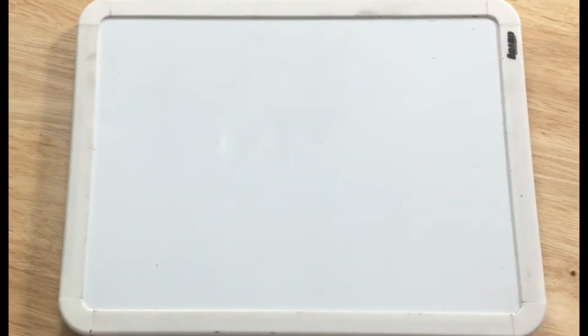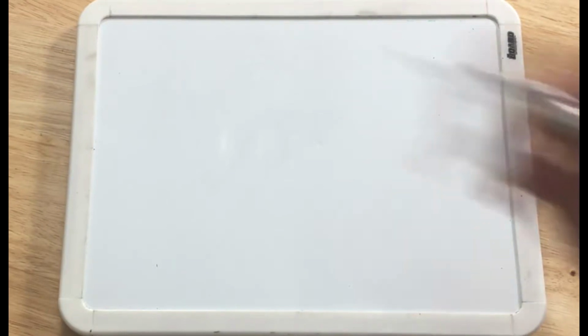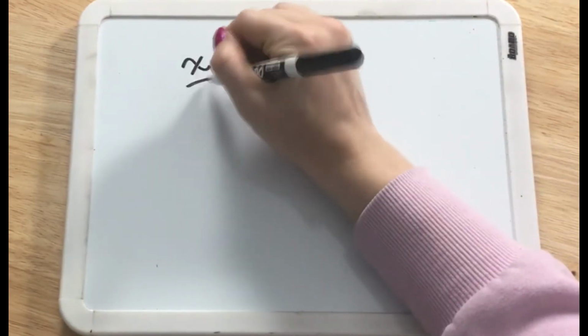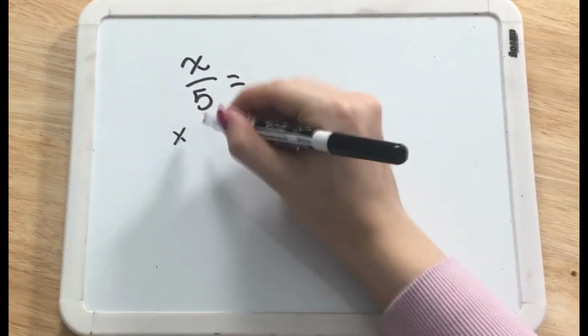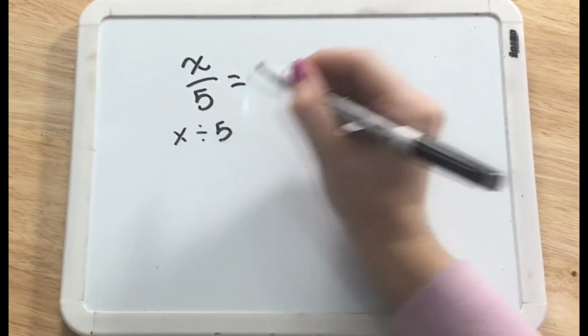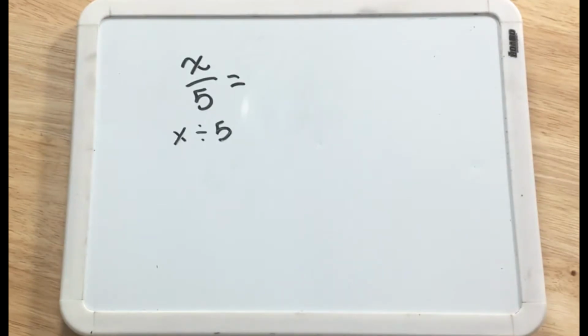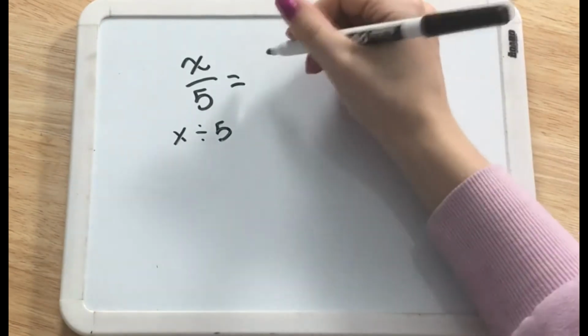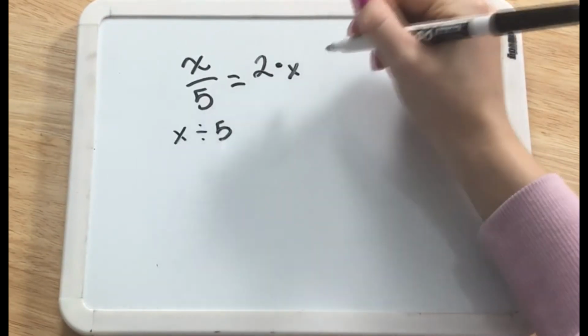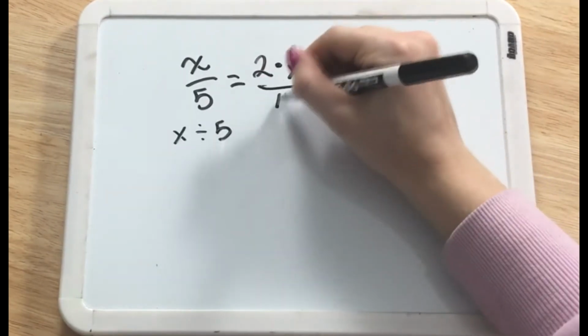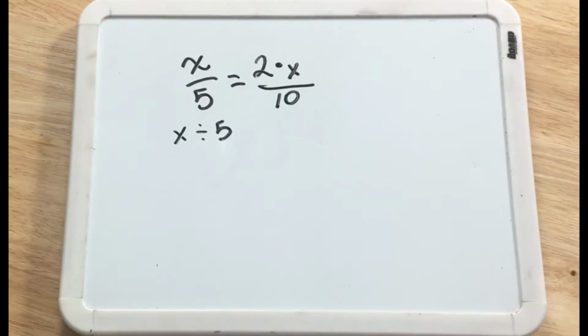The one for dividing by 5 would be x over 5, or x divided by 5, which could also be written like this: x divided by 5 equals 2 times x divided by 10. You could write this one many different ways too.